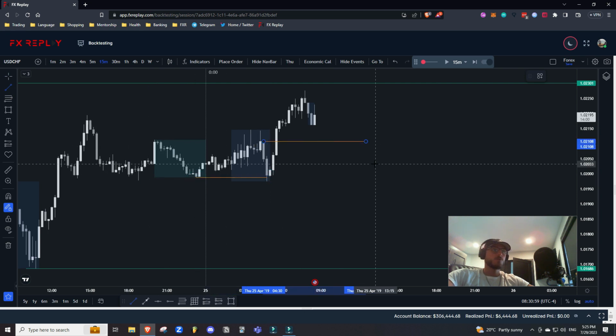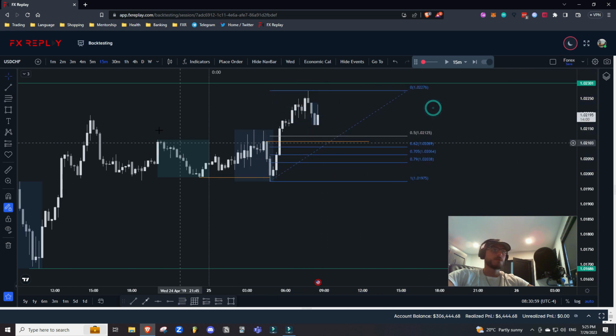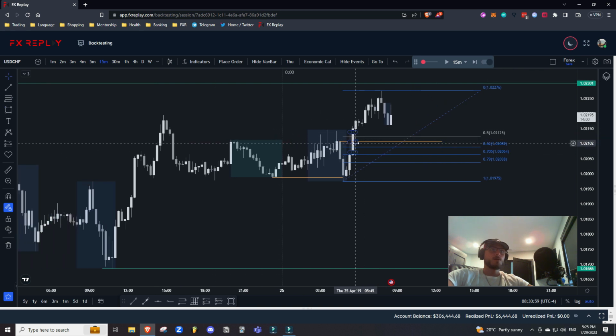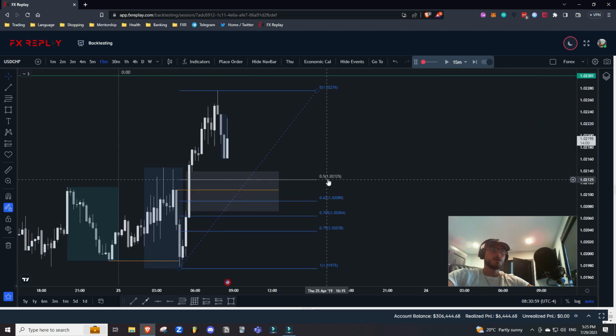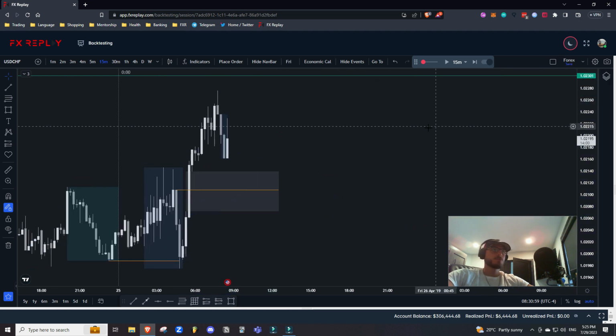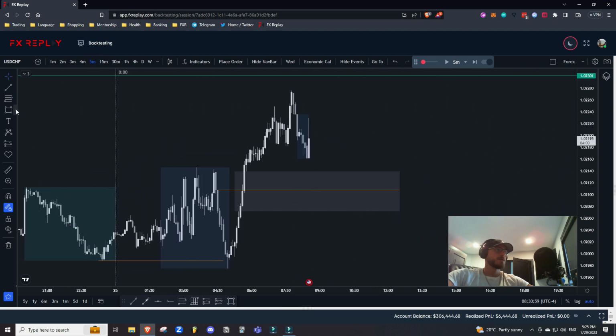We have order block, OTE, fair value gap, all right here. What do we have for news? Capital goods. So that one's fine to trade within. It's not like any of the major big news events. So what I'm looking at, this is likely going to short right from here into this level.